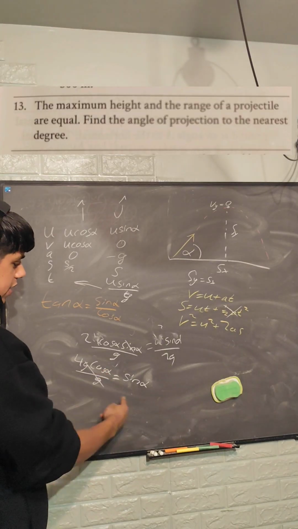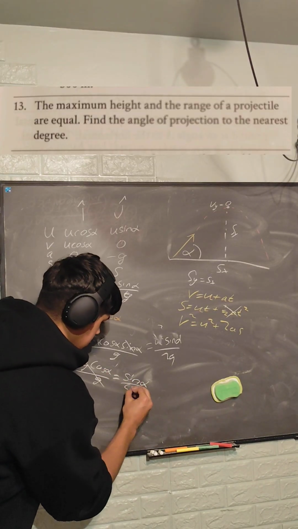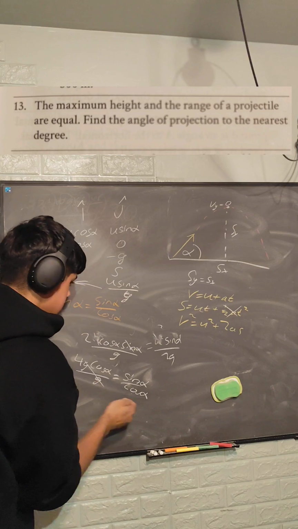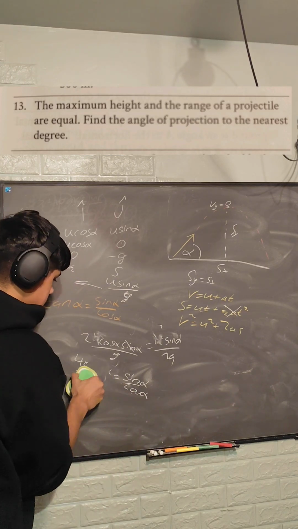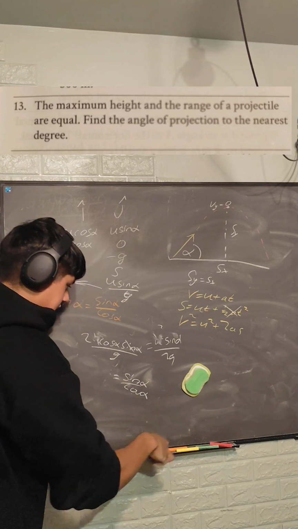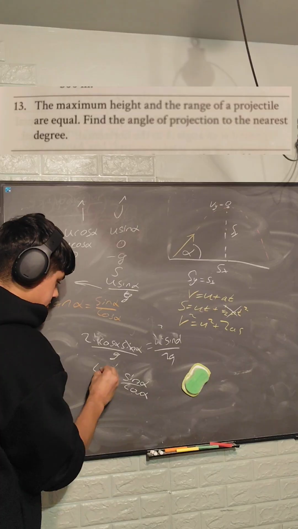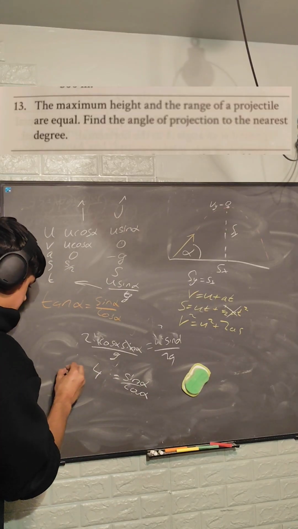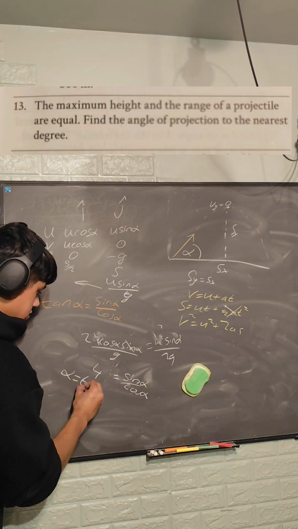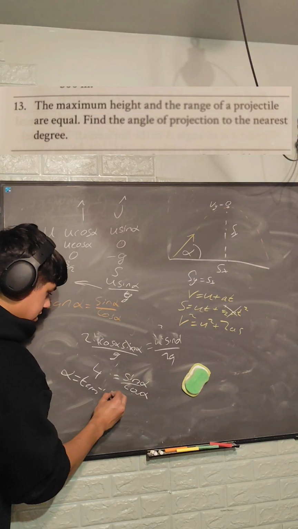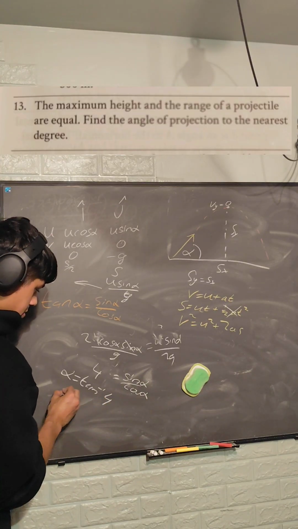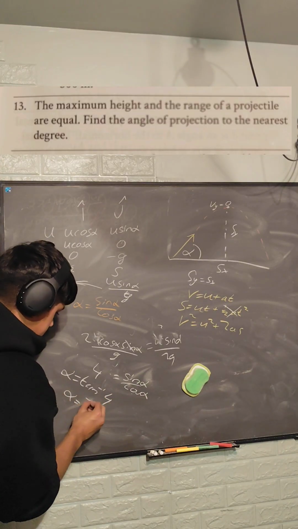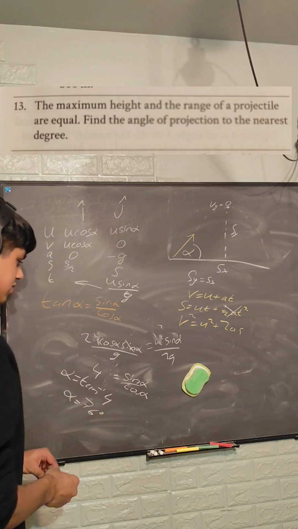So I'm just going to move the cos to this side, it's going to divide, and there we have our new tan. So we know that tan of alpha is equal to 4. And when we use tan inverse, alpha should equal around 76 degrees.